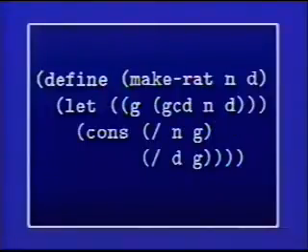So I get the greatest common divisor of the two numbers, and I'm going to call that g. And then instead of consing together n and d, I'll divide them through. I'll cons together the quotient of n by the GCD and the quotient of d by the GCD.